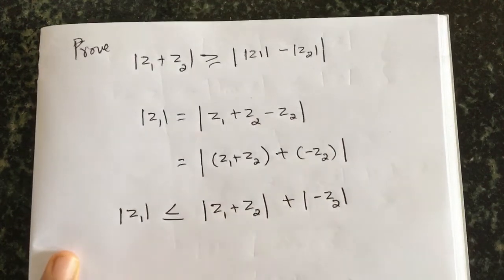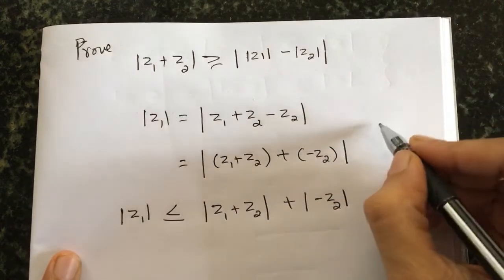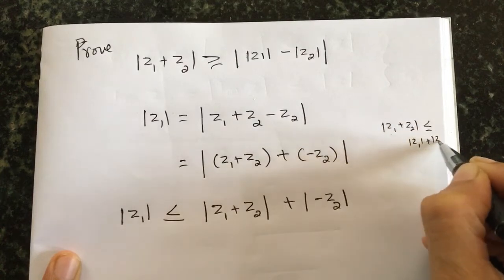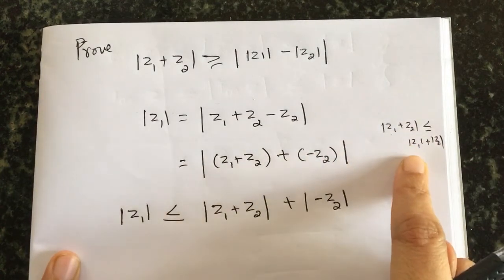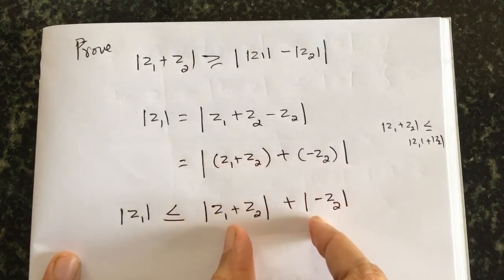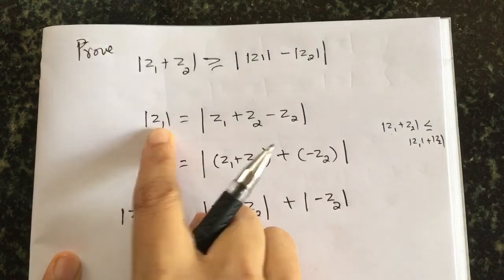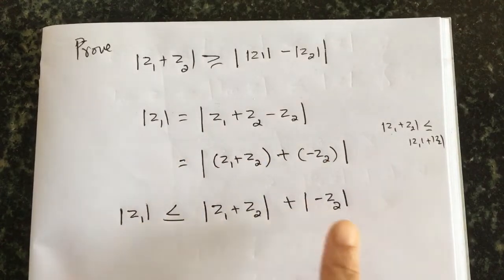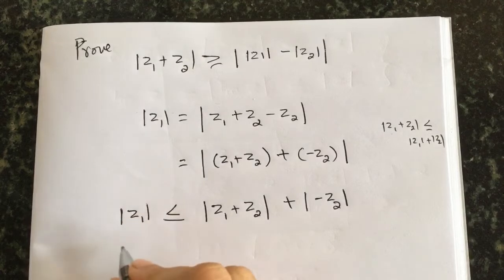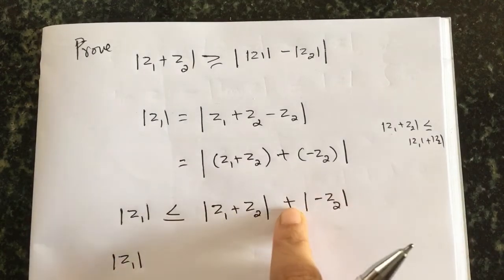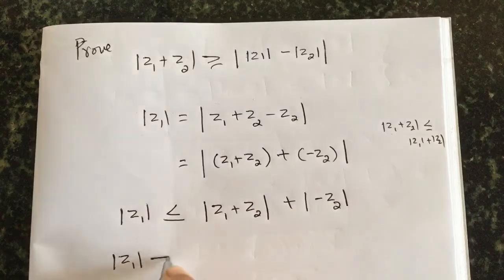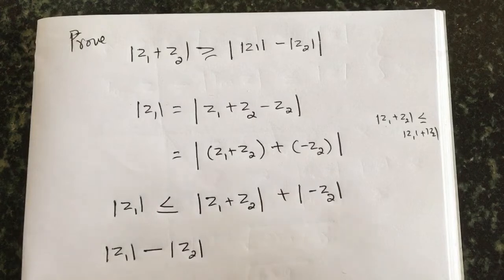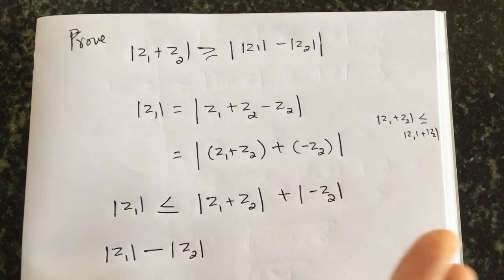Of course, mod z1 is less than or equal to the sum of the modulus of individual values, right? I can write this from the previous term: mod z1 plus z2 is less than or equal to mod z1 plus mod z2. So from this I can directly write the individual sum. This whole thing is mod z1, and this itself is less than or equal to this. Now I take this to this side, mod z2, because the modulus of a negative number is the same as its positive value, right?